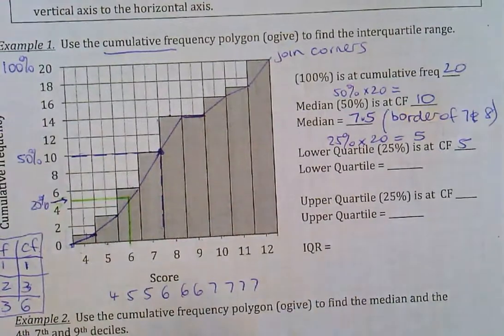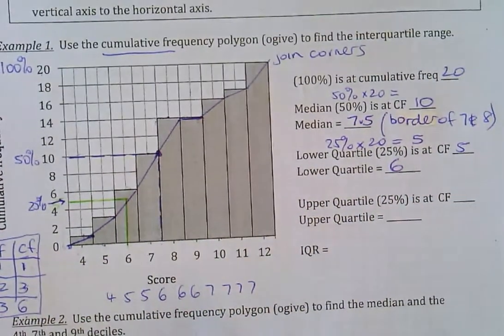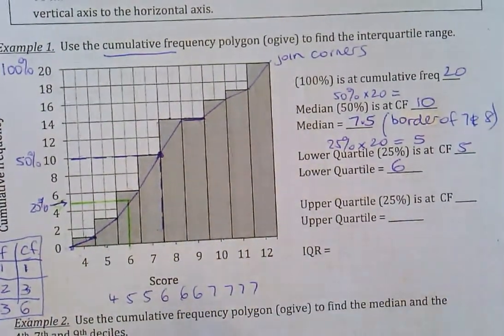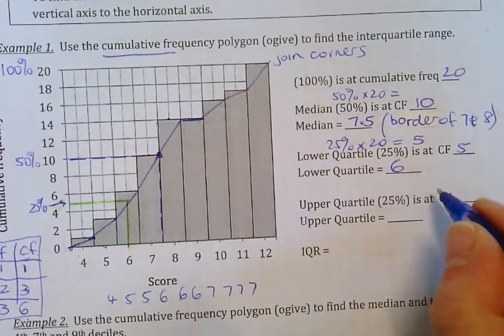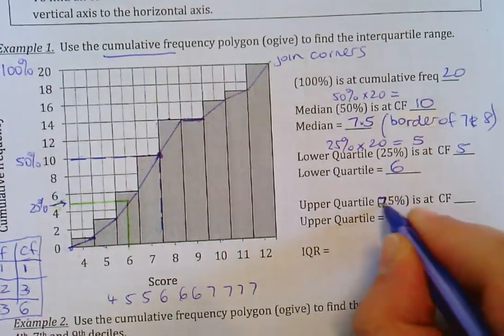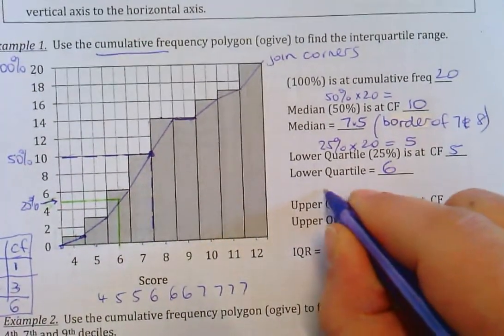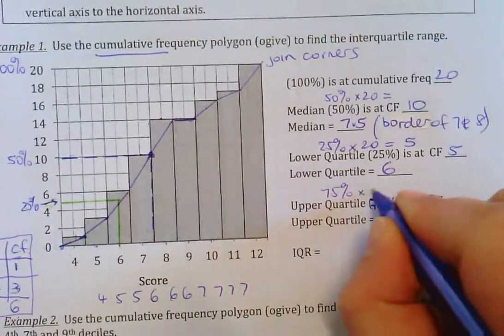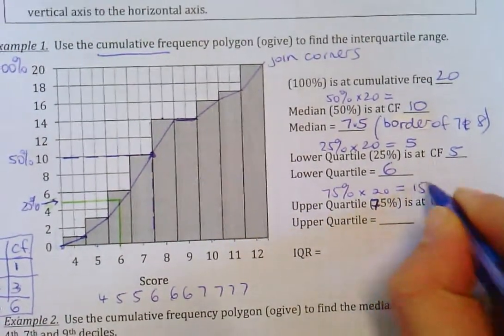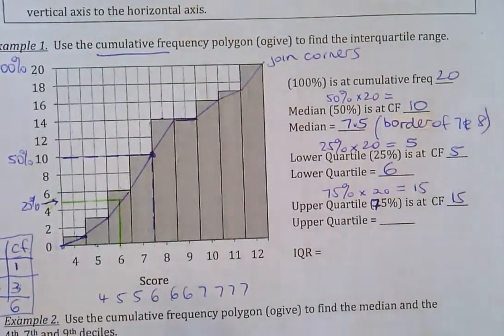So lower quartile, please don't call the lower quartile 5 because you're reading across at 5. Don't do that. You've got to come down and read the score off the bottom. And upper quartile, I've made a mistake here, is at 75%. So 75% of 20, or 3/4 of 20, is at cumulative frequency 15.